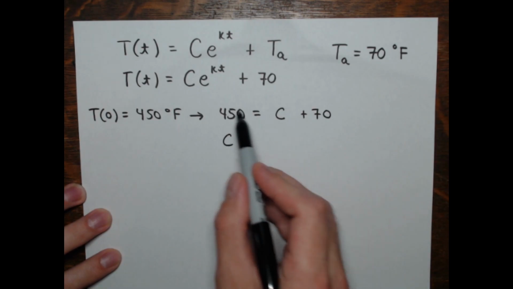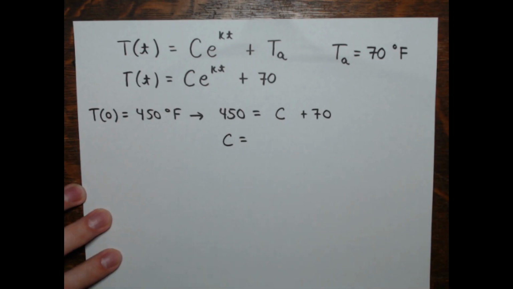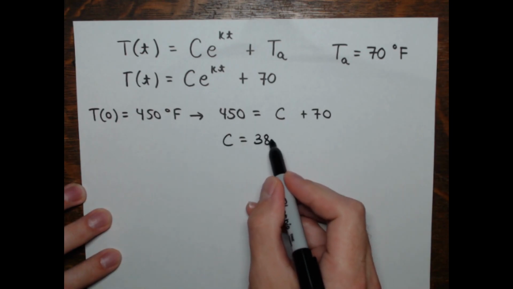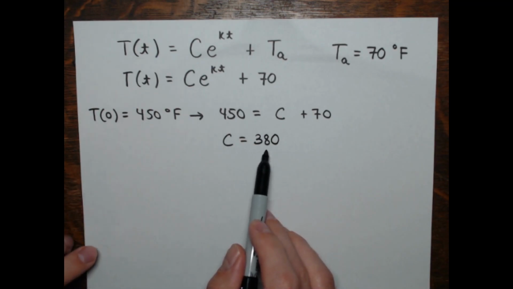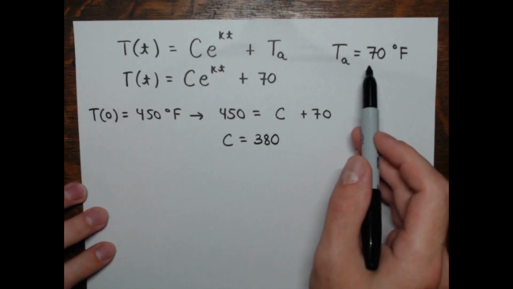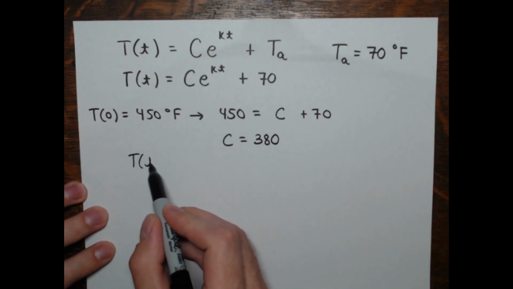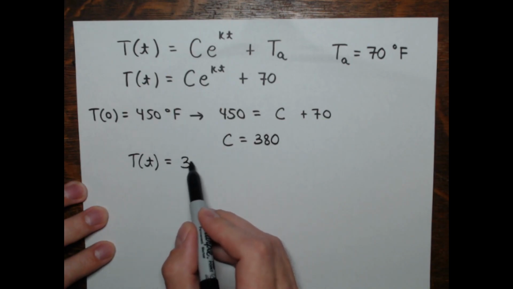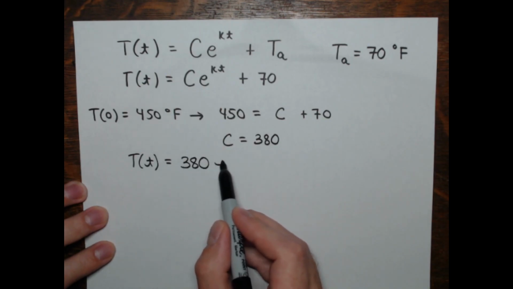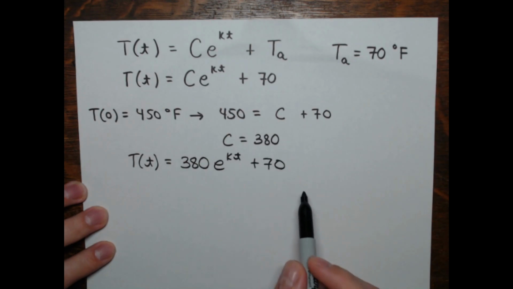This constant C is 450 minus 70, so 380. That's the initial difference between the temperature of the cake and the temperature of the atmosphere, the kitchen. So now we have this: the temperature of the cake at any given time is 380 times e to the kt plus 70.